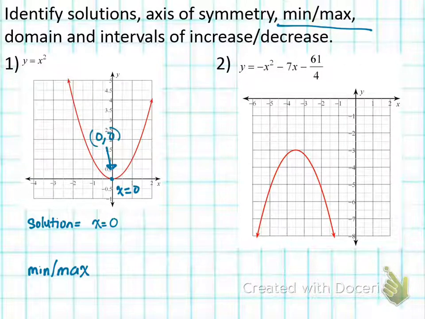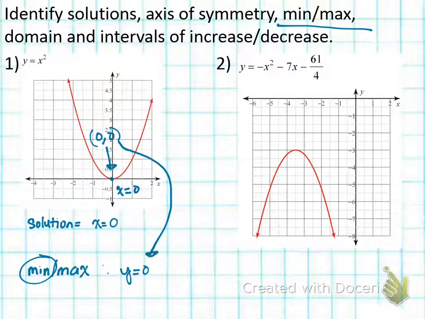Okay, so if you look at the step here, it says the minimum or maximum, you just put y is equal to, and then we take the y value from our vertex. So we would say this is a minimum, and the minimum is that y is equal to 0. We're just copying this number down here. That's all you're doing is copying that number to here.